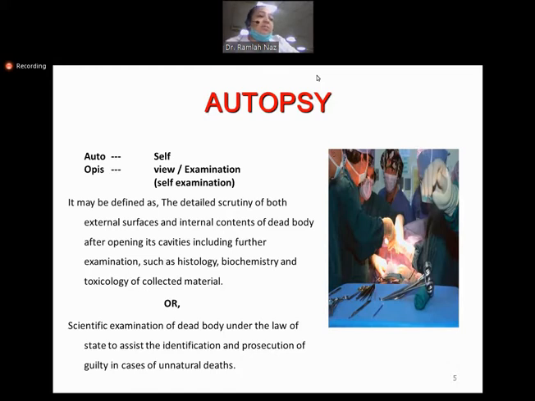Or the definition of autopsy is the scientific examination of the dead body under the law of the state to assist the identification and prosecution of the guilty in cases of unnatural death.